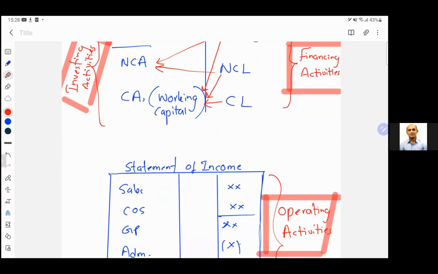Now, the truth is our regular accounting job vacancies are declining. Earlier we saw job vacancies for bookkeepers. Now the bookkeeping process is computerized, so you don't have many job vacancies for bookkeepers.